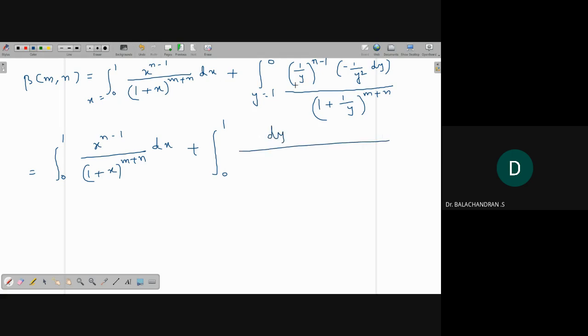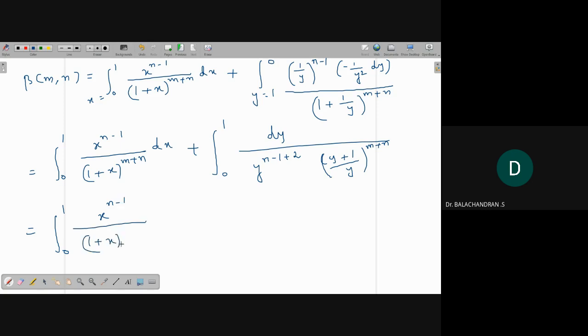dy. What is the y power? y power n minus 1 plus 2, and here (1 plus y) or (y plus 1) by y whole power m plus n. The next step, I am going to write the integral from 0 to 1. If I make any mistake, please point it out quickly.